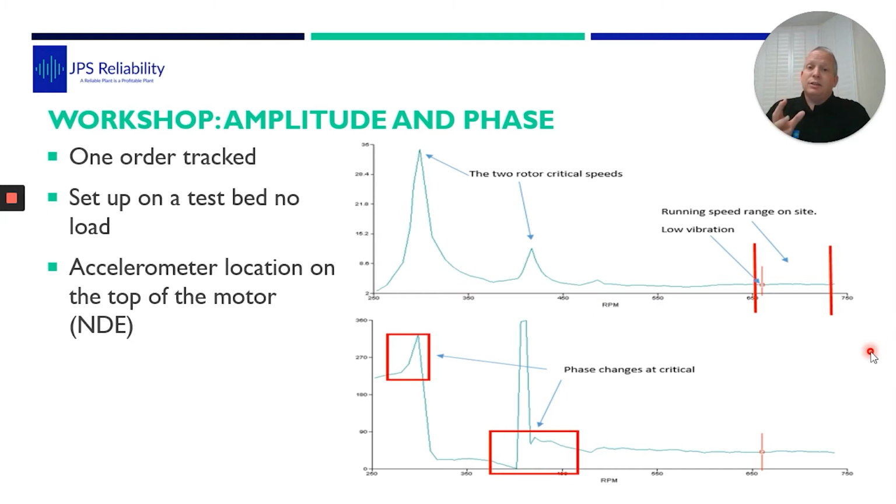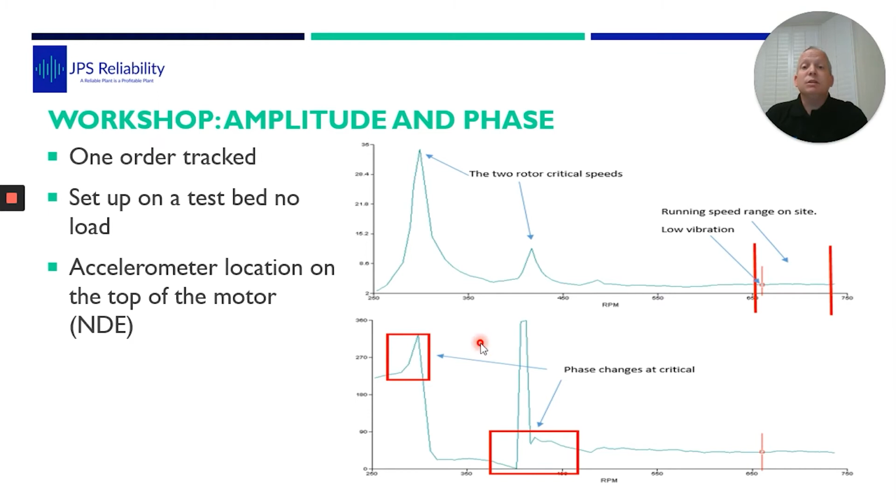Now, next thing was to say, we have to eliminate any rotor issues or any rotor problems. So the pump which failed was back in the shop. We went to the workshop where they were repairing the pump, and we did a coast up amplitude and phase plot. Basically, we put the transducer at the top of the motor where we knew we had the highest flex on site, tacho tape to the analyzer, and did amplitude and phase.